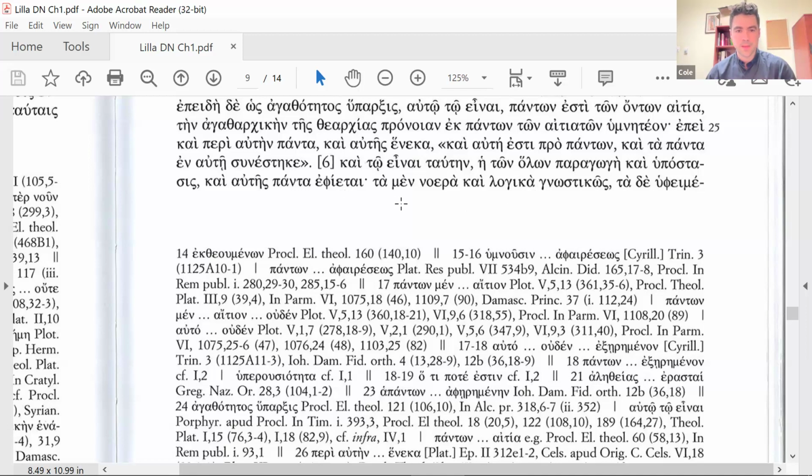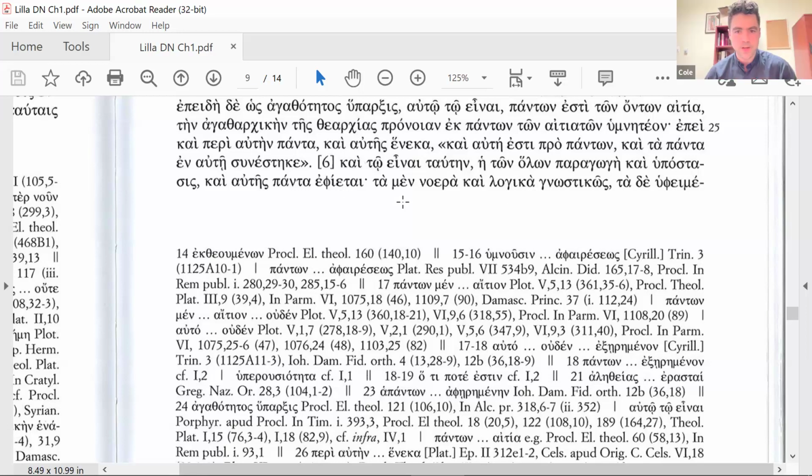Those, the intellectual and logical ones, in a knowledgeable way. Not knowledgeable, but yes, kind of in a knowing way, by way of knowing.